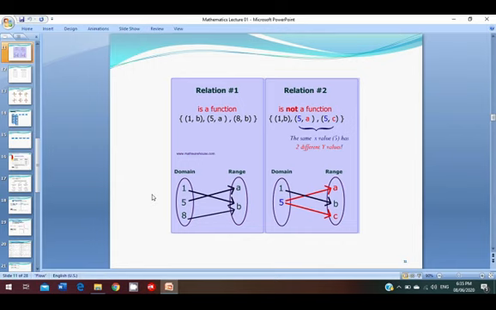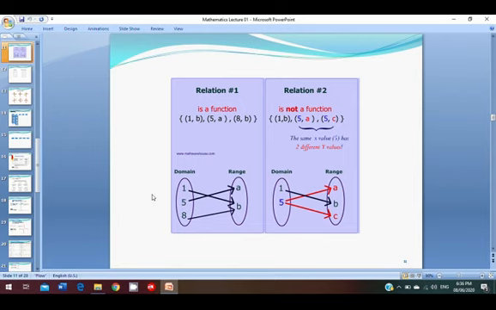You can see in relation number 1 we have three elements in the domain, and these are 1, 5 and 8, and two elements in the range, and these are A and B. When we start mapping, you can see the domain elements are uniquely mapped with range elements, and 1 is mapped with B and 8 is also mapped with B. There is a repetition in the range element, but domain elements are not repeatedly used.